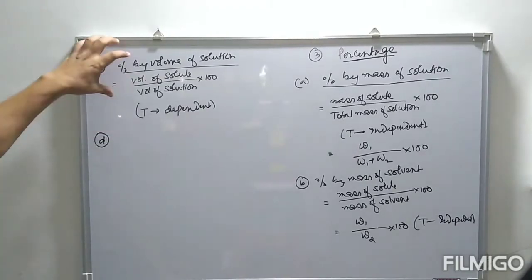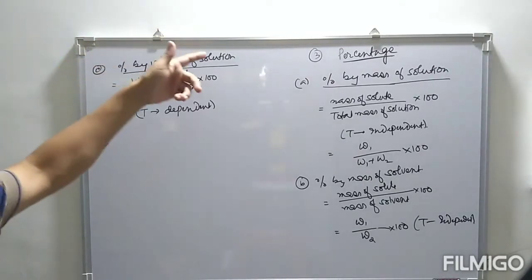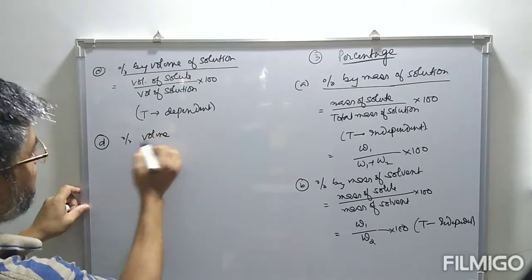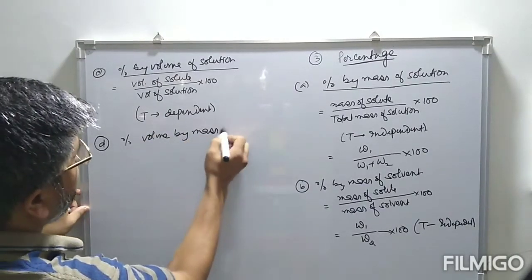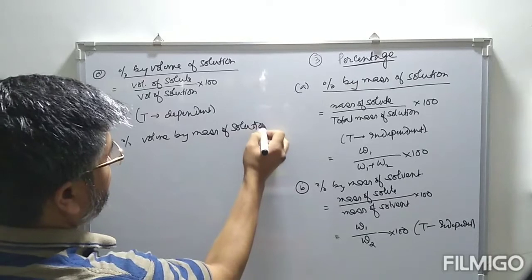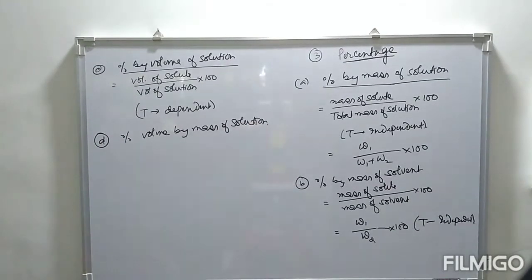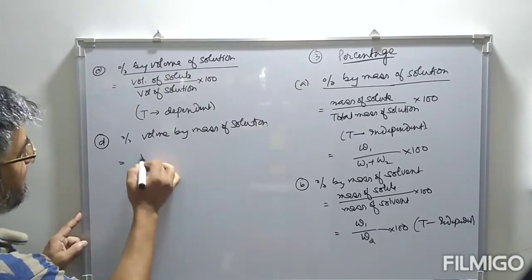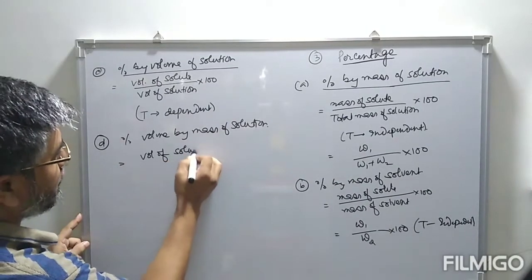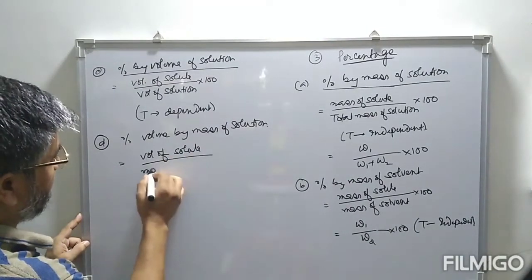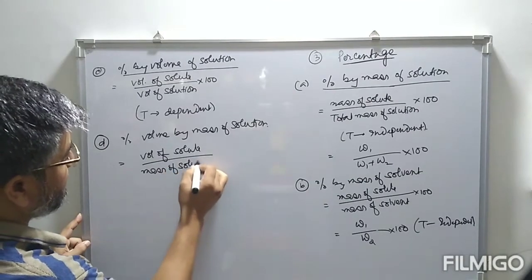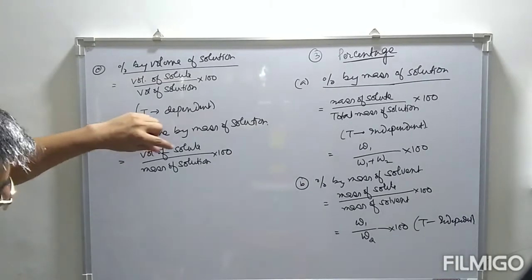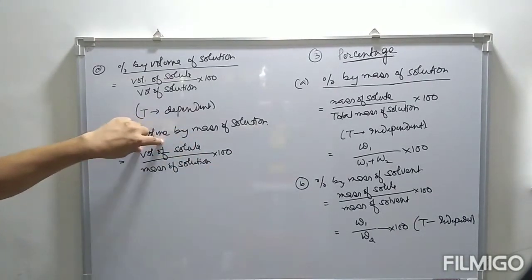Next, volume per mass. Percentage volume by mass of solution. So this is nothing but volume of solute divided by mass of solution into 100. So in a given mass of solution, what is the volume of solute?